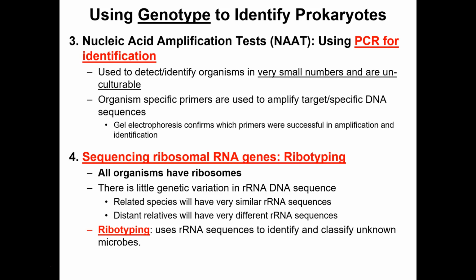And once we get that sequence, because there are massive catalogs of rRNA sequences already out there on the internet, you just get your sequence, BLAST it, literally what it's called, BLAST it on the internet, and look to see if you get any hits. Okay, so ribotyping is where we use rRNA gene sequences to identify an unknown organism.